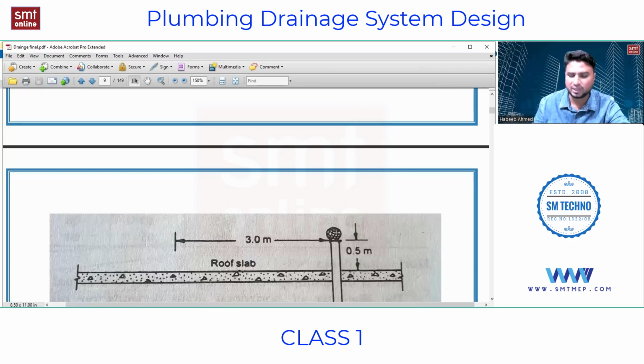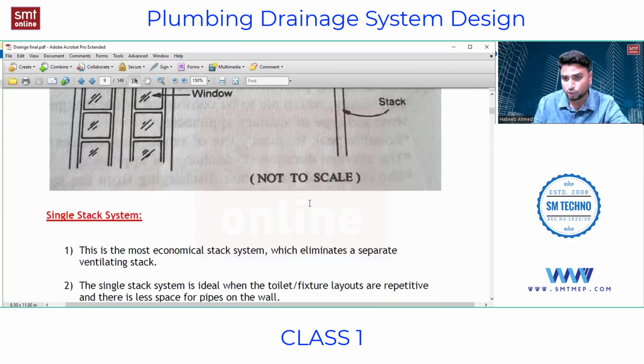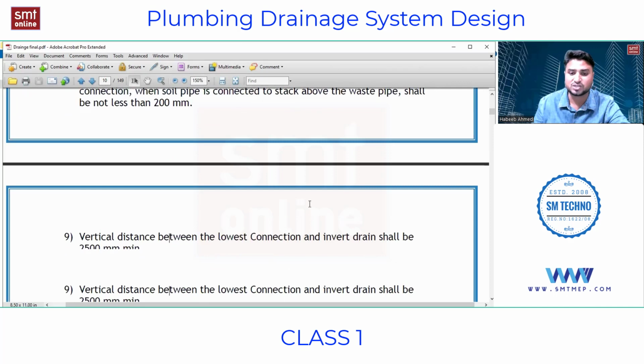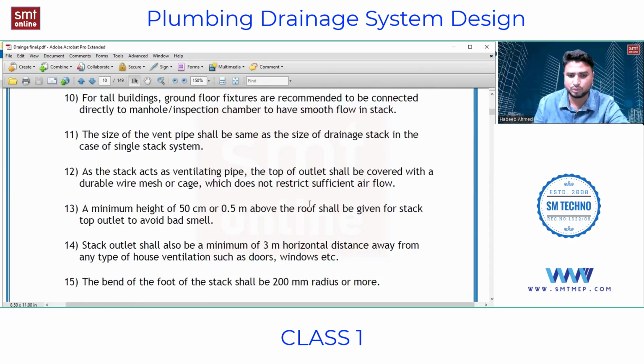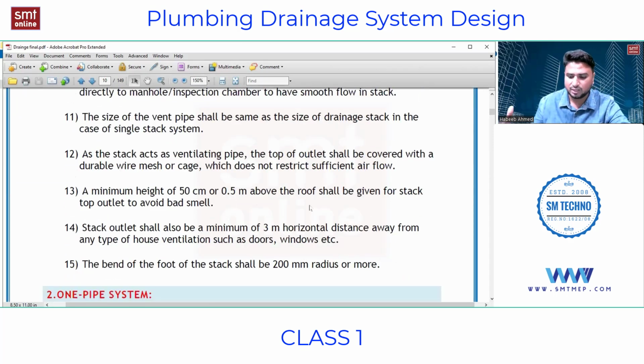It should be covered with a wire mesh, but it should not restrict the air. In simple words, there should be exchanging of air. That means exhausting the gases outside, and when needed, it can bring down fresh air also. So it should not restrict the sufficient airflow.